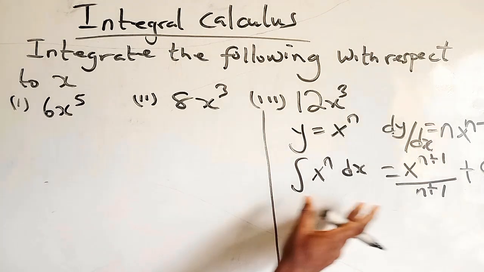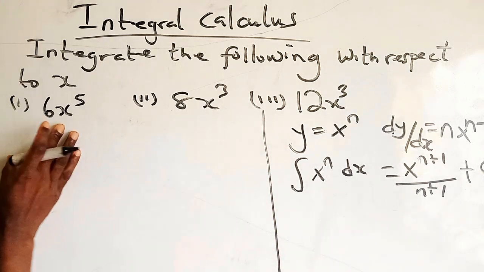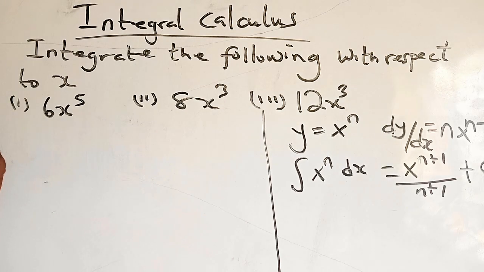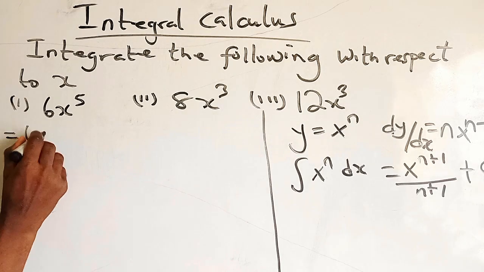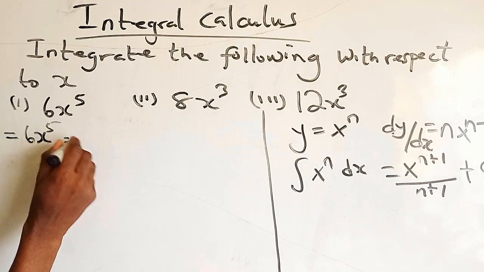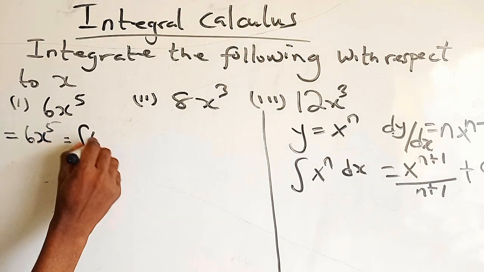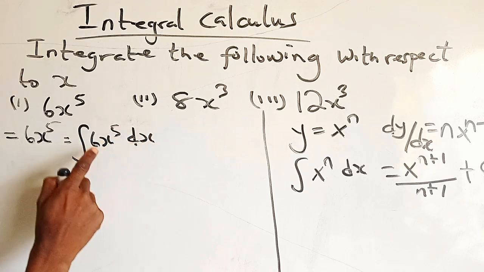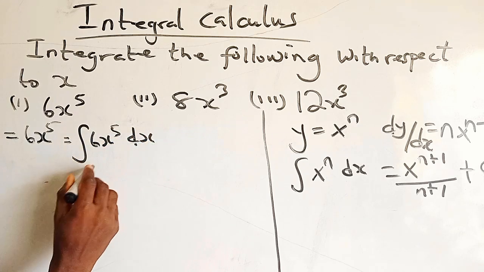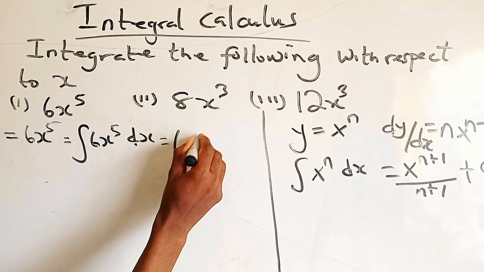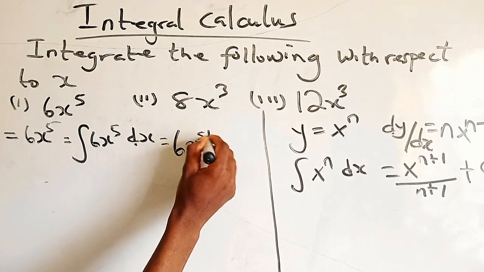So let us apply this knowledge and integrate this set of functions. For y equals 6x raised to power 5, to integrate this, I will say the integral of 6x raised to power 5 with respect to x. So how do I integrate this? I have 6 times x raised to power 5, so I'm adding 1.